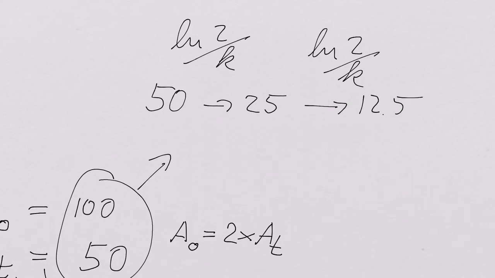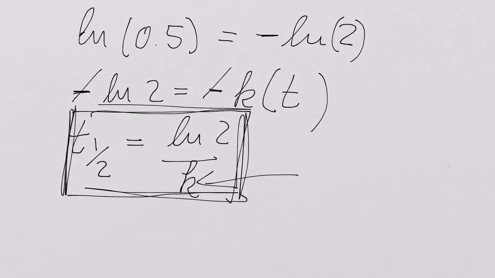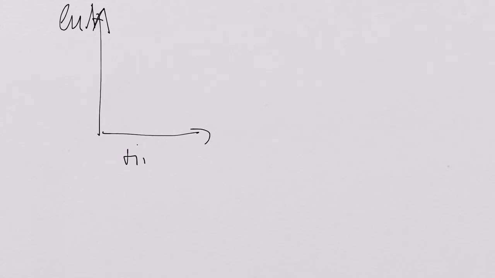So some people argue, when I give them a reaction, and I say, demonstrate graphically that this is a first-order reaction, instead of doing ln A versus time, where they get a straight line, that's the easy bit.